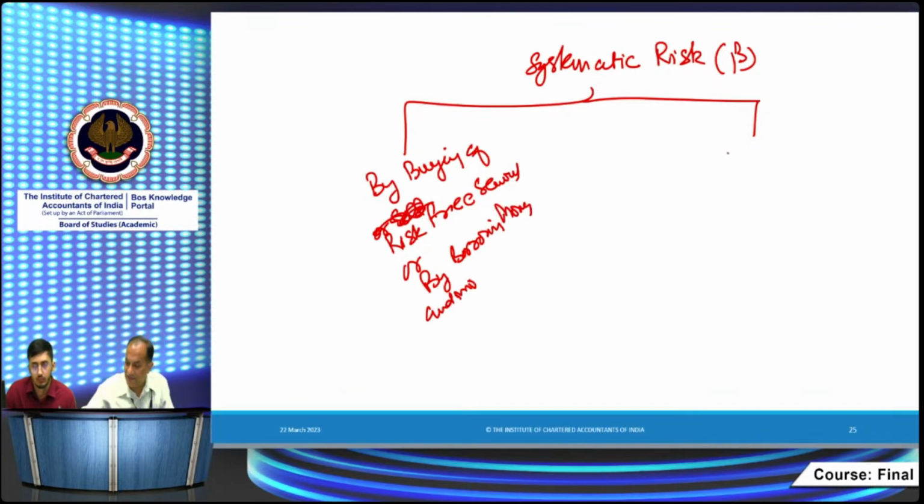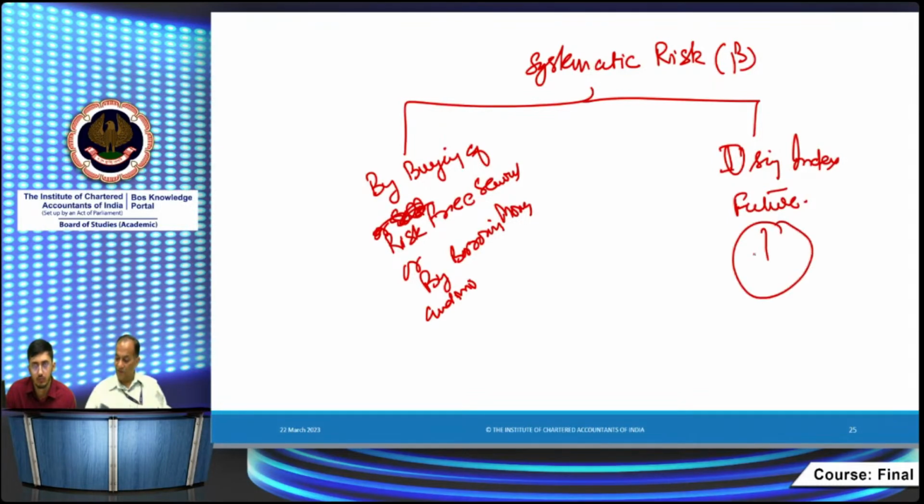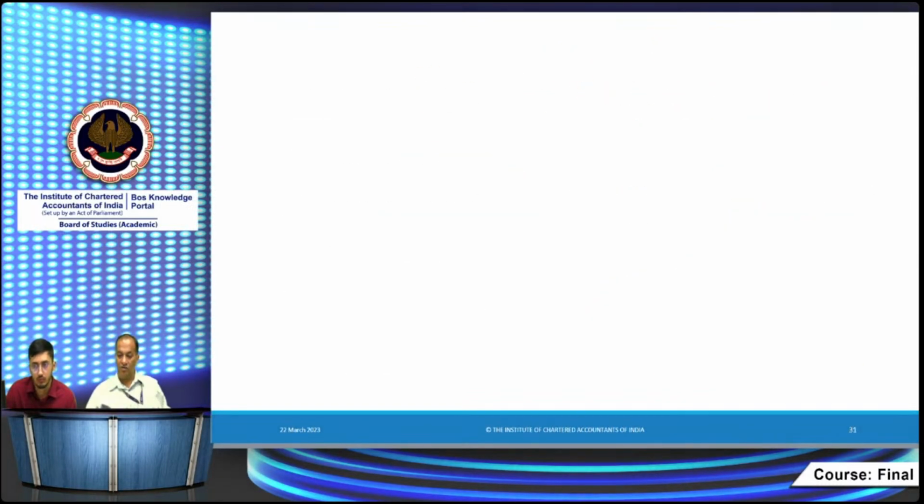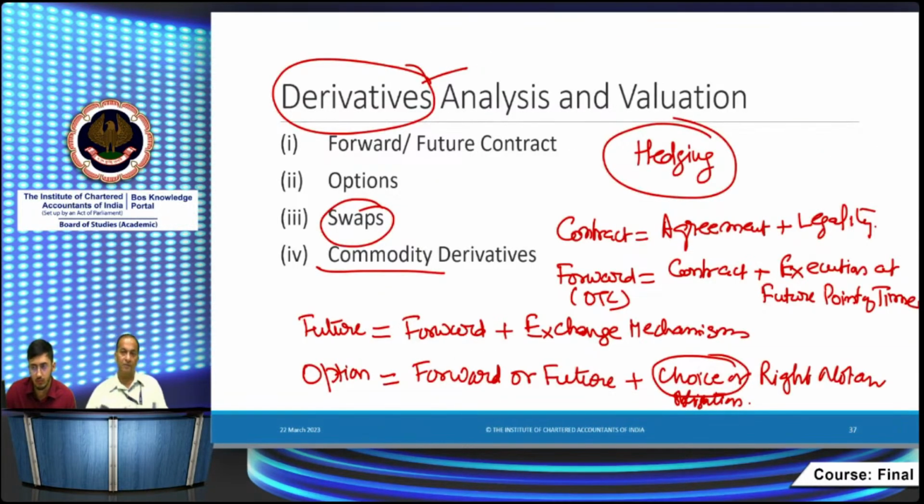Another method is using the index future. By this we can adjust the beta. So that topic has been covered here in derivatives. These two topics are to some extent linked.